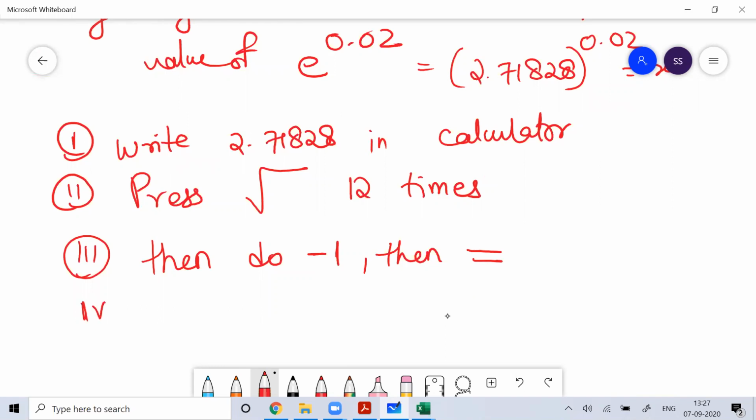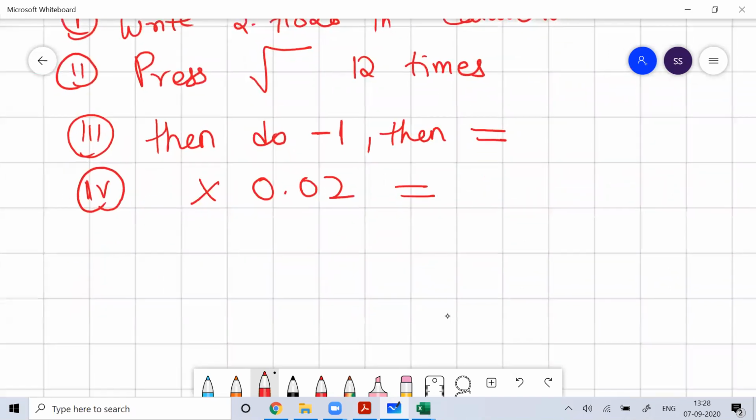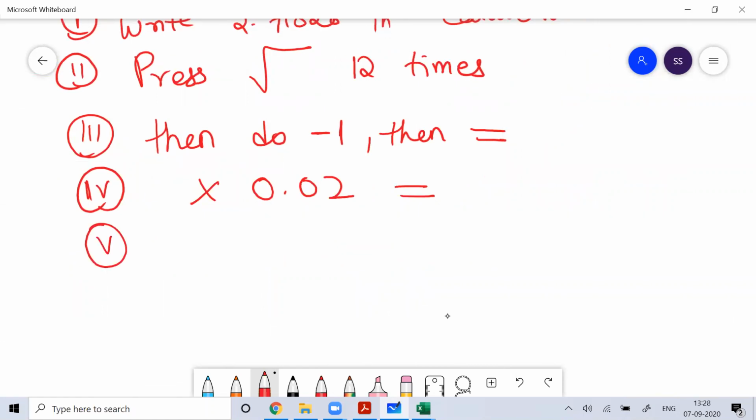Then the fourth step: multiply whatever answer you get with your power, that is 0.02, and then press the equal to sign. After that, do plus one.